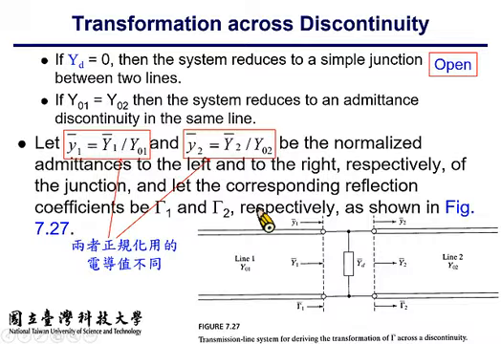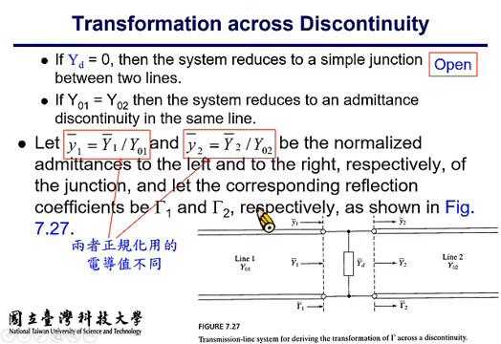The first case is Y_D, the admittance of the shunt element, is in fact an open element, which is kind of trivial, which says that, well, you don't connect anything at that point. So open represents that you don't have anything connected at that interface.